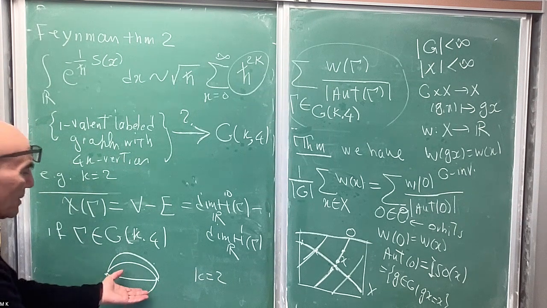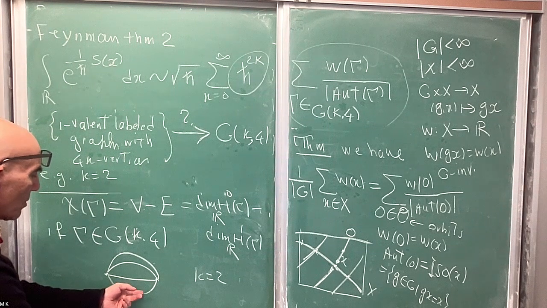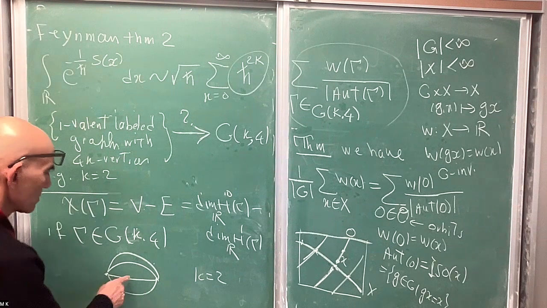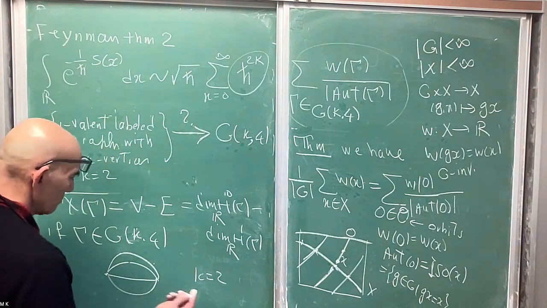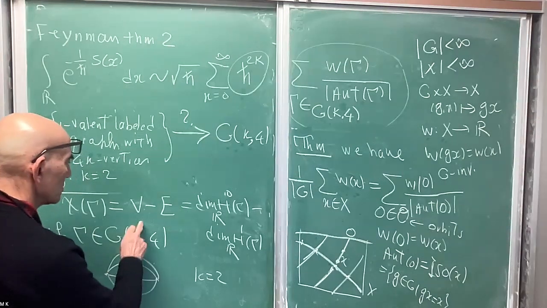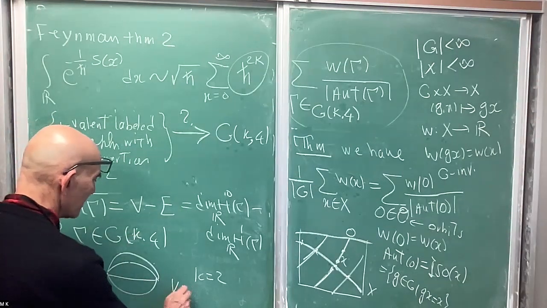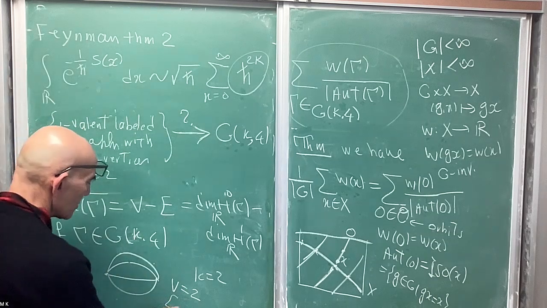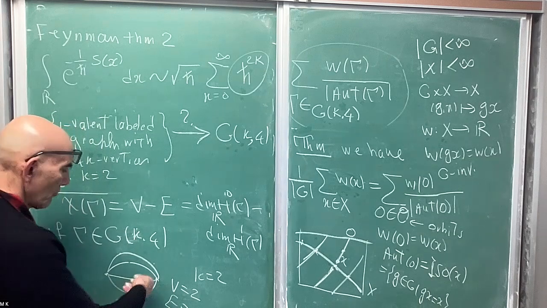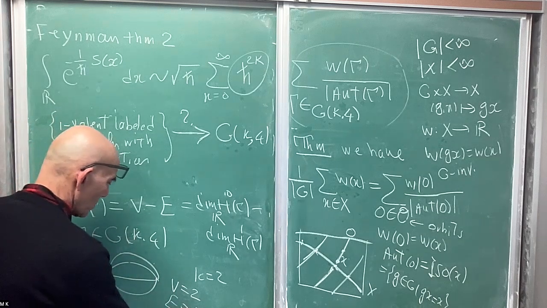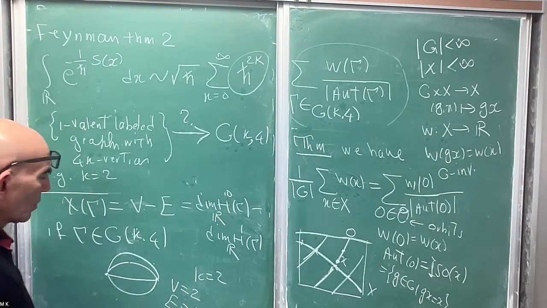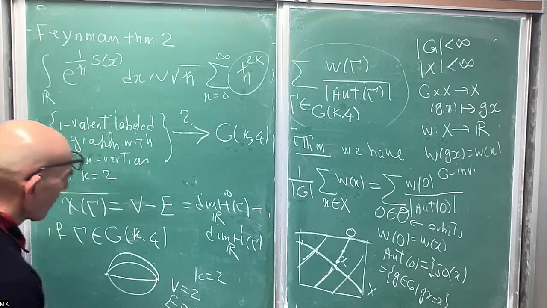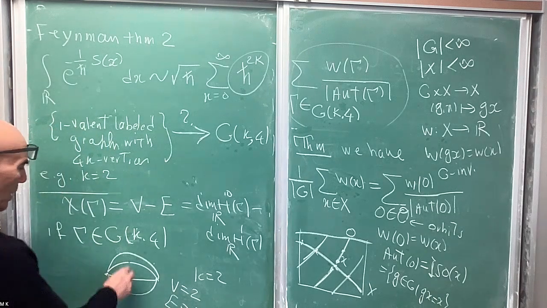Okay, in this case, you can see that there are four edges. So the number of vertices in this case is equal to 2, and the number of edges is equal to 4. Okay, so then this guy comes out to be -2.